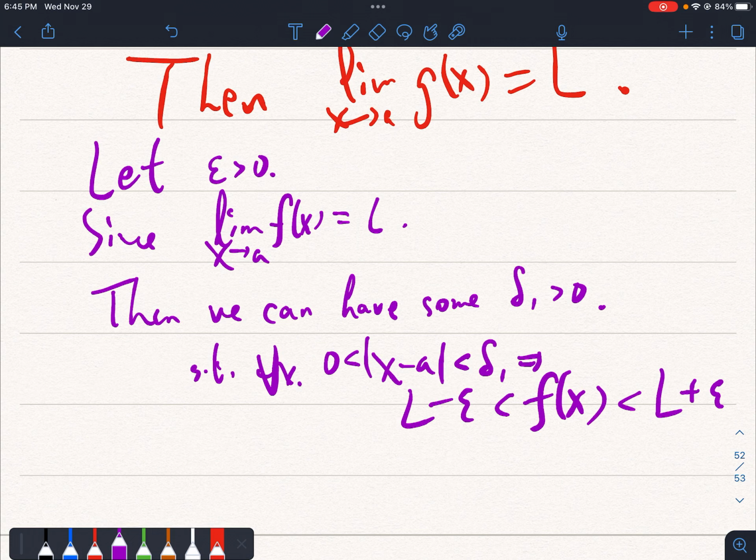This is what I mean by the absolute value of f of x minus L being less than epsilon.